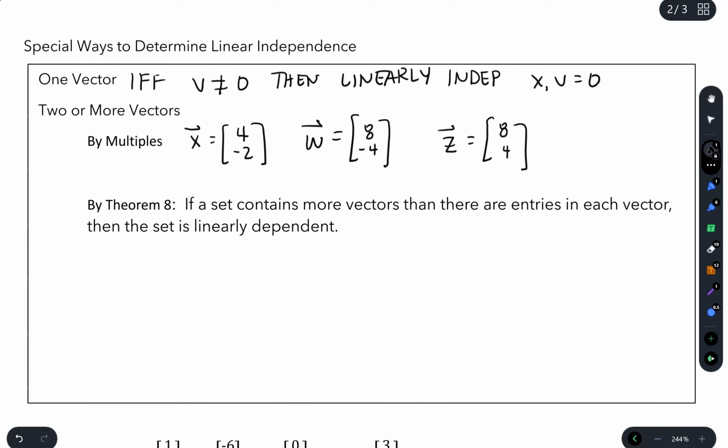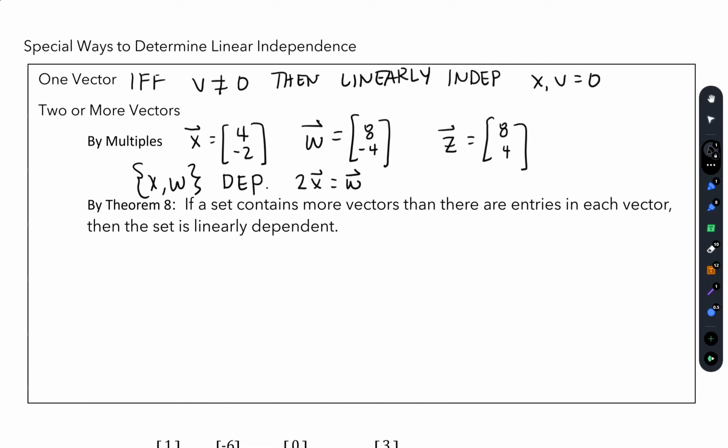Then the set x, w are what? They're linearly dependent of each other because they're multiples, yes? They're dependent because 2x gives you your w, yes?